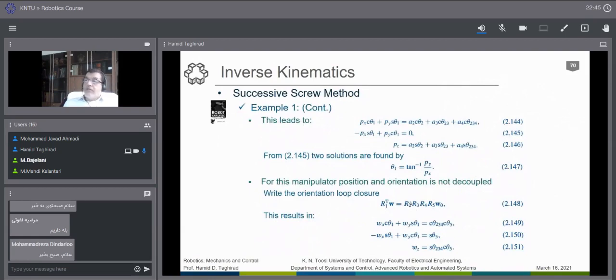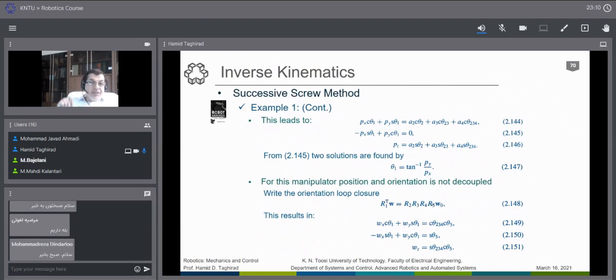And as before, one of them we bring to the other side, and hopefully this one is already given. So R1 is known. The whole left-hand side is known, and the right-hand side depends on theta 2, theta 3, theta 4, theta 5.